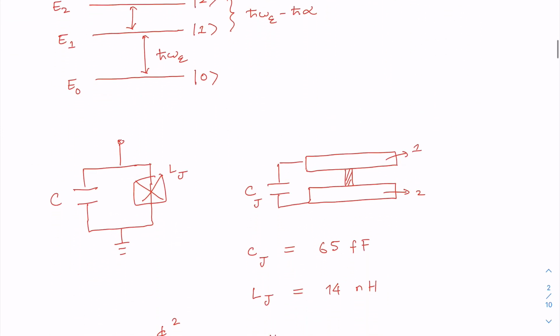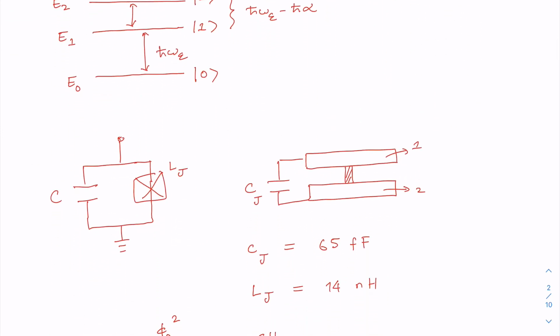In fact, this particular Hamiltonian is experimentally realized, and for that, certain parameters were used. For example, in the lab the capacitance was taken to be 65 femtofarad, while the inductance was taken to be around 14 nanohenry.